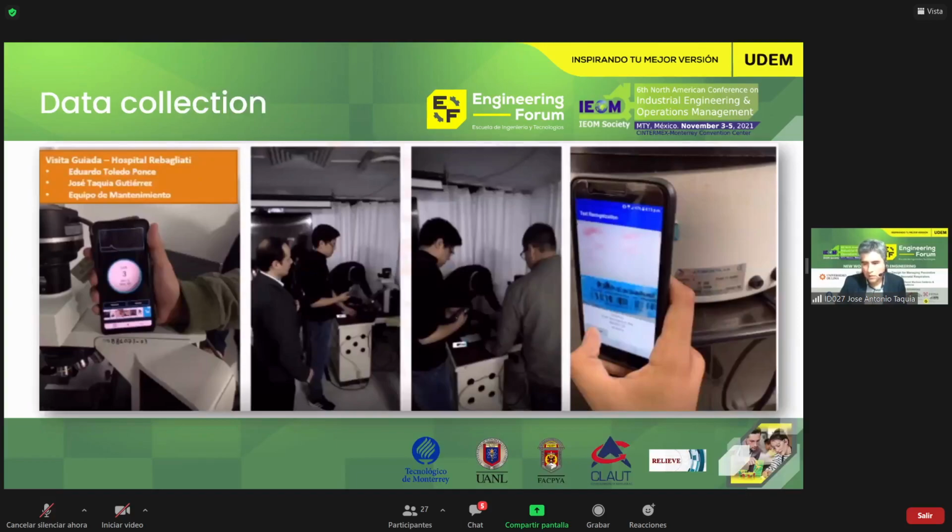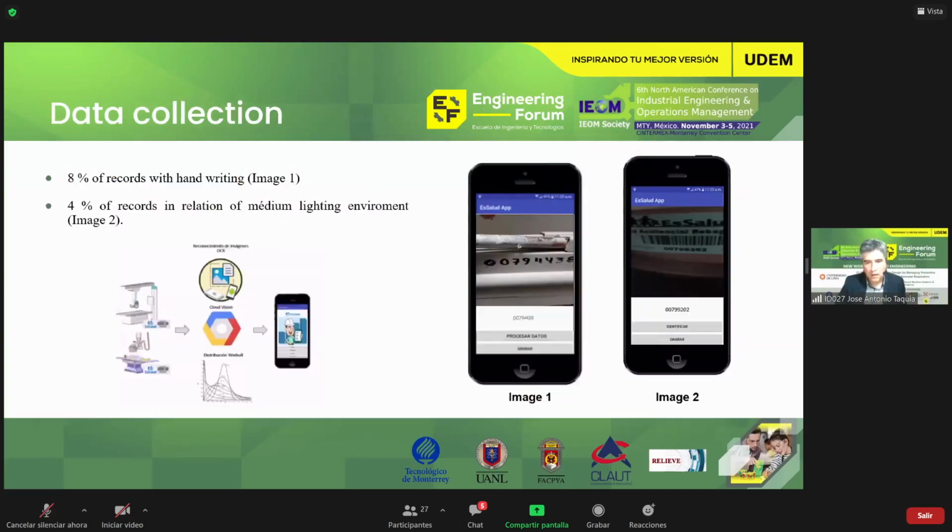So as you can see, we can check the conditions where we are going to apply this application, like lighting, taking measures of whether there is enough light to run the capture of the tag, considering that there are some handwritings, as you can see in image 1.